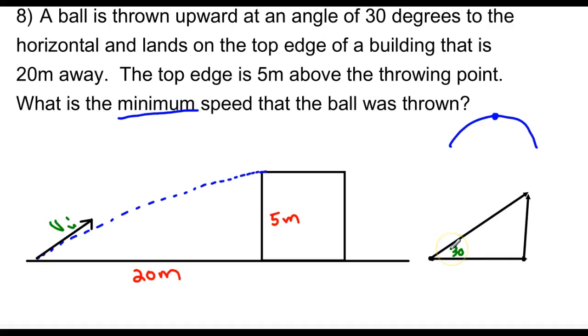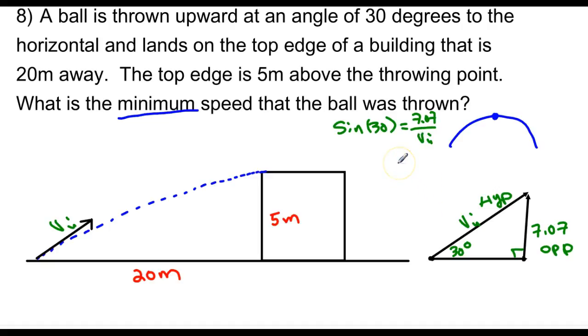So if this is 30 degrees, and my initial y velocity is 7.07, I'm looking for that VI. So this just becomes a trig problem. I know that this is the opposite side, this is the hypotenuse, and I can use trig to solve for VI. So that's just going to be the sine of 30 is equal to the opposite, 7.07, over the hypotenuse, which is VI.